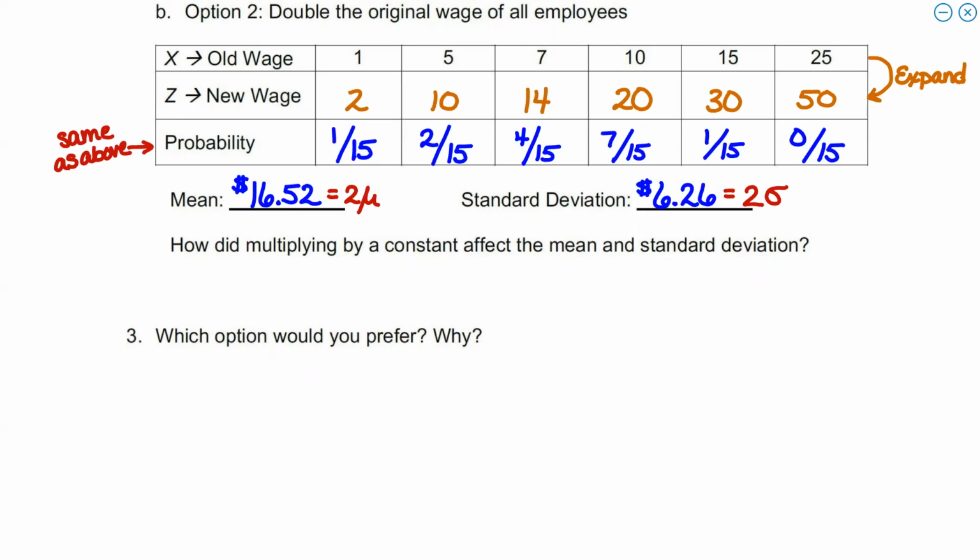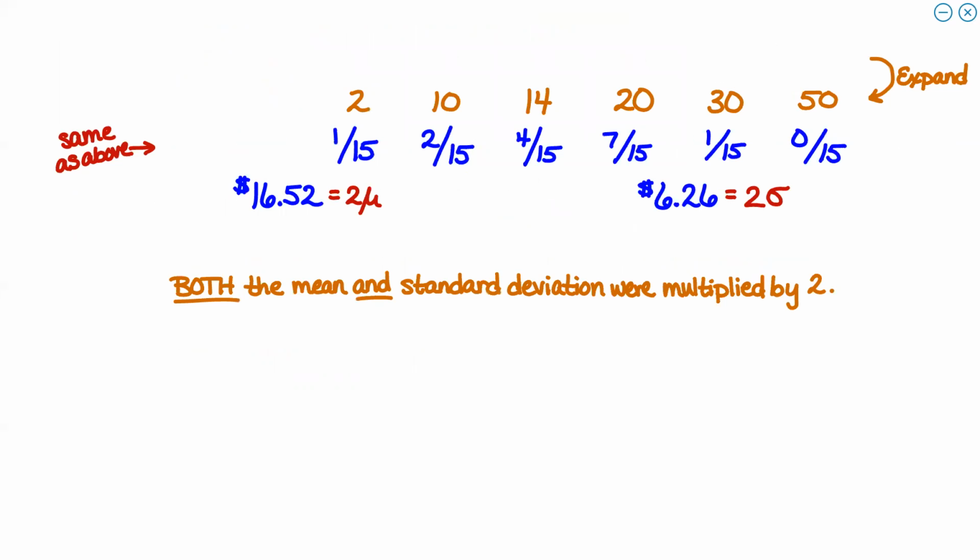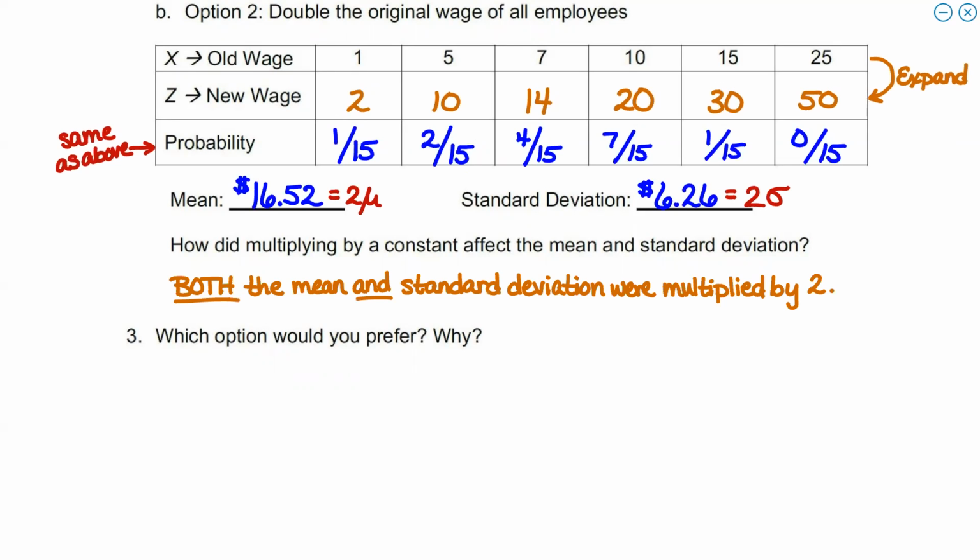You guys are absolutely correct. My standard deviation doubles. My mean doubles from the original. Both the mean and the standard deviation were multiplied by 2.